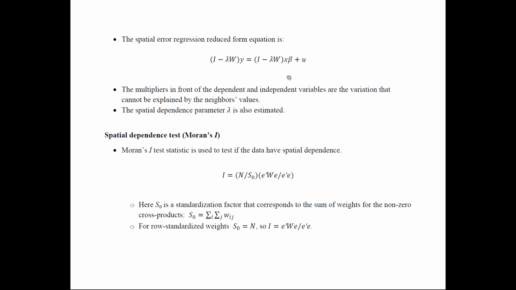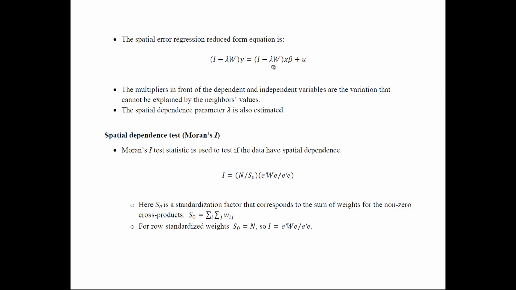So here the spatial regression model would be of this form, where both the dependent variable and the independent variables are multiplied by these terms, the spatial dependence terms. And here the spatial dependence parameter lambda would also be estimated.